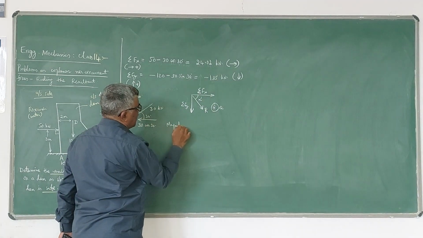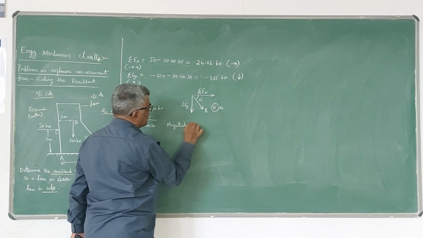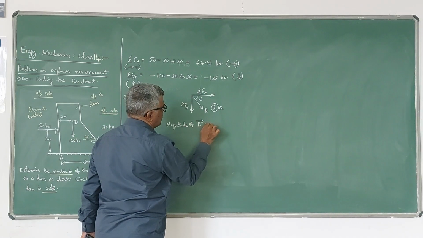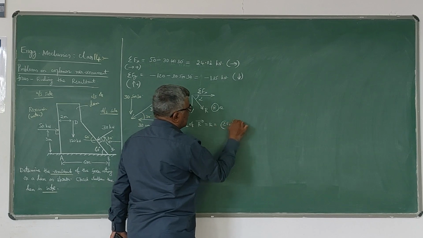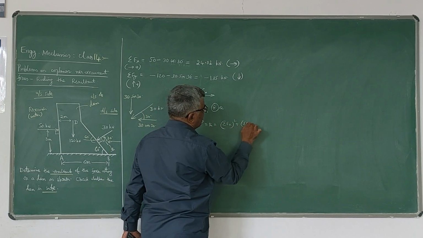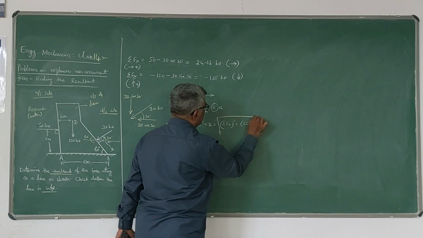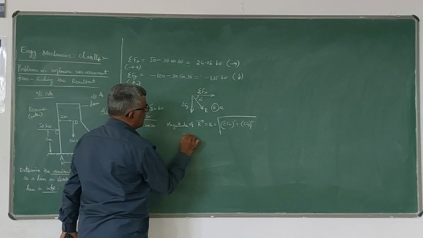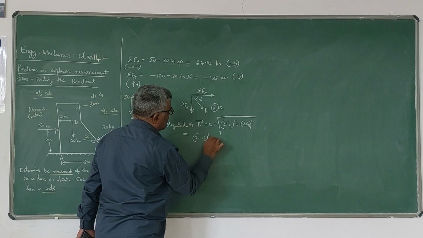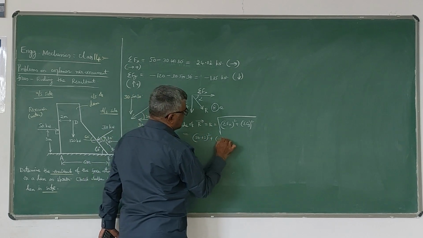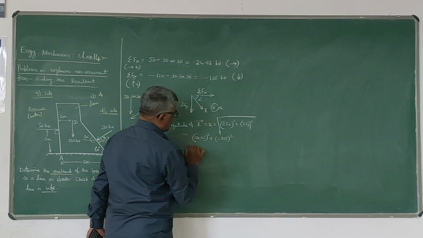So the magnitude of the resultant force R is equal to the square root of sigma Fx square plus sigma Fy square, which comes out to be root of 24.02 square plus minus 135 square.